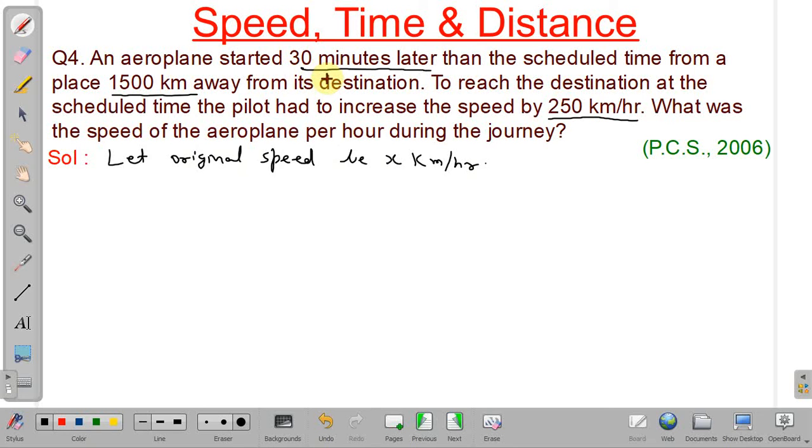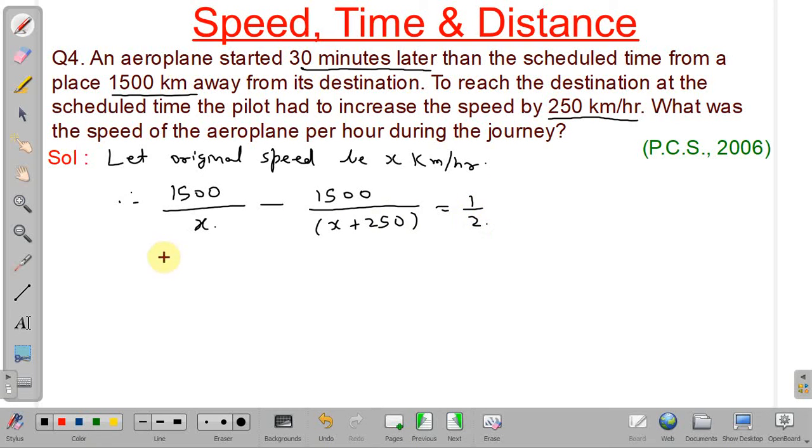So the time difference will be 30 minutes or half an hour. Therefore, 1500 kilometers divided by original speed minus 1500 divided by increased speed x plus 250 will be half an hour or 30 minutes.